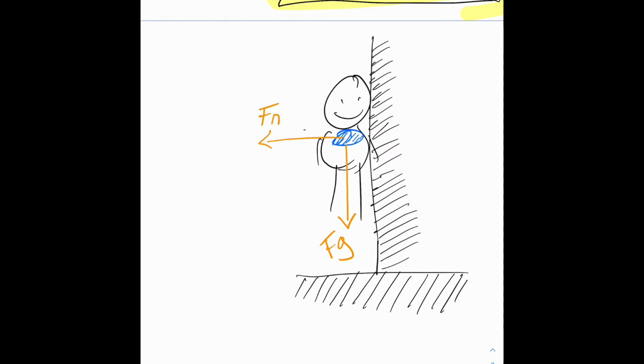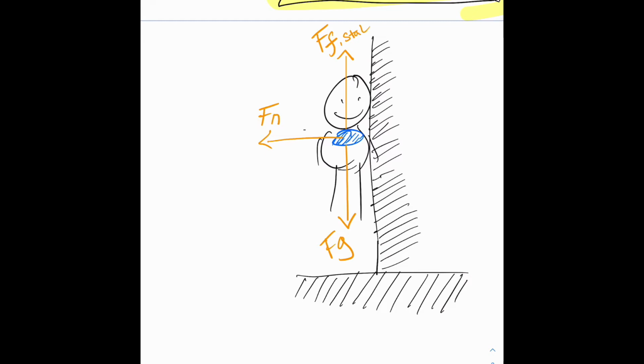And then I think one more force, right? Because the person wants to slide down the wall, but this force isn't going to let them slide down the wall, and it's going to resist that, and it's going to point upwards. And this is going to be static friction. Do you have to write static?